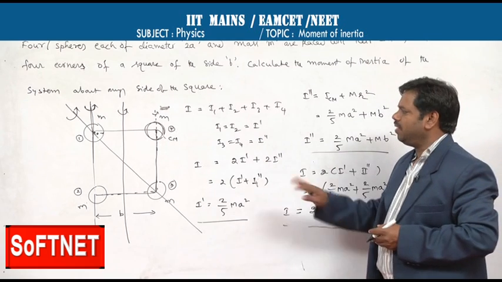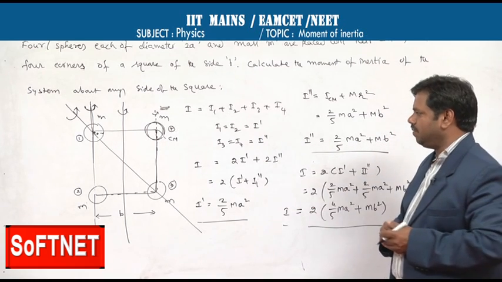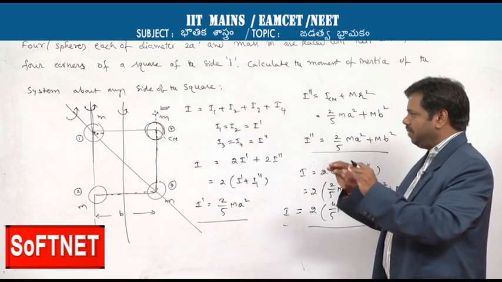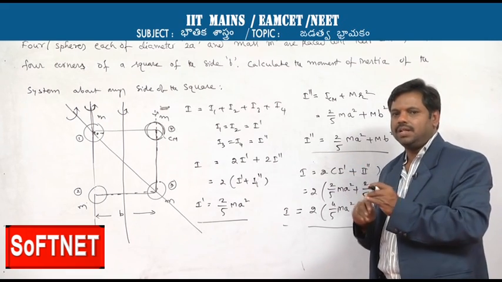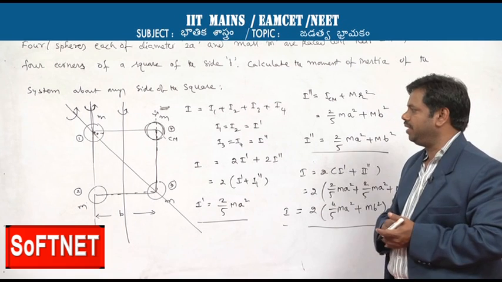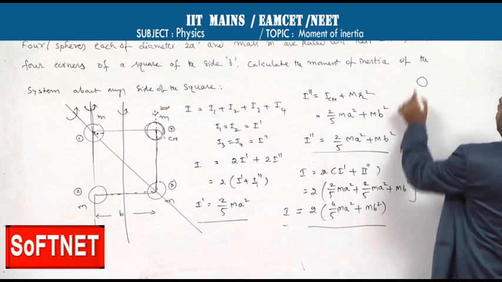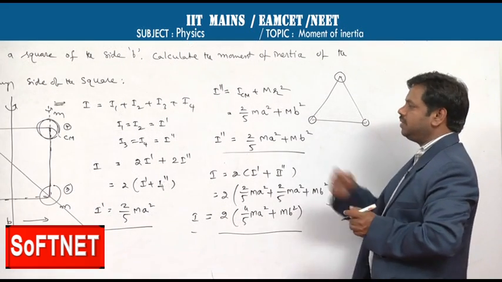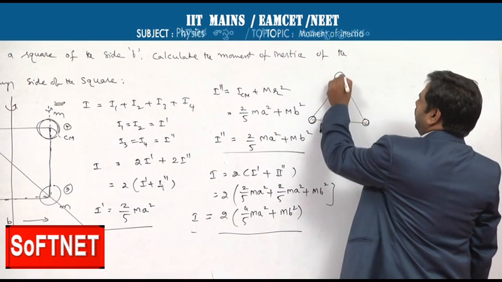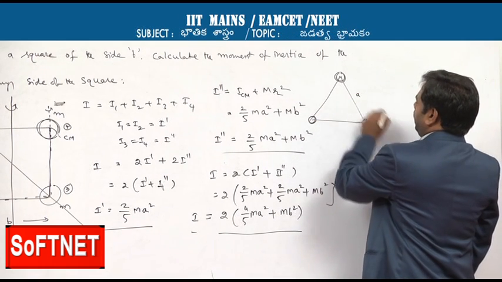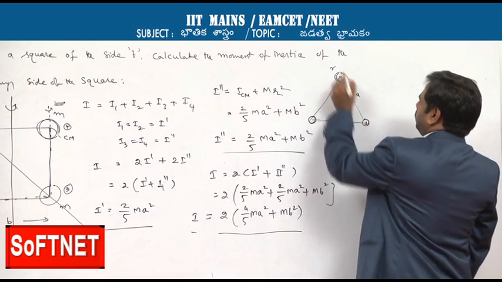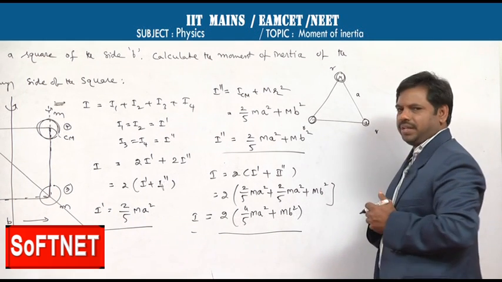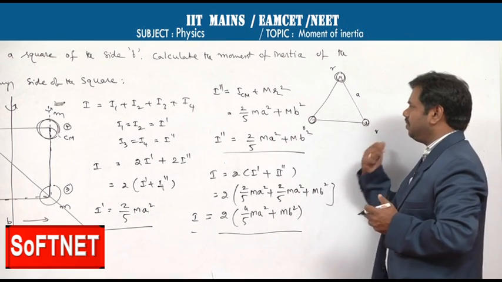And similarly, wherever different kinds of rigid bodies are given, simply by knowing the distribution or the presence of the different rigid bodies at different places with respect to the axis, we can easily find out. For example, if the same solid spheres are arranged at the 3 corners of an equilateral triangle of side A, and say each sphere has radius small r, depending upon the axis of rotation, we can find out the moment of inertia of this system also.